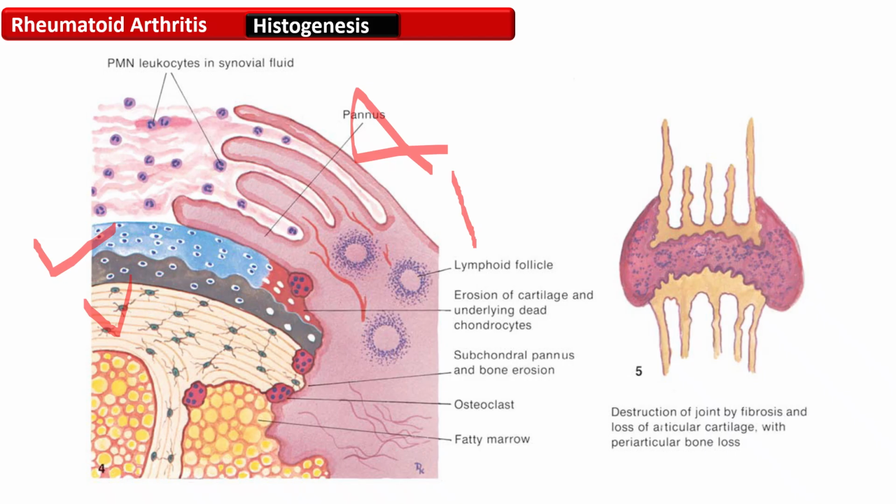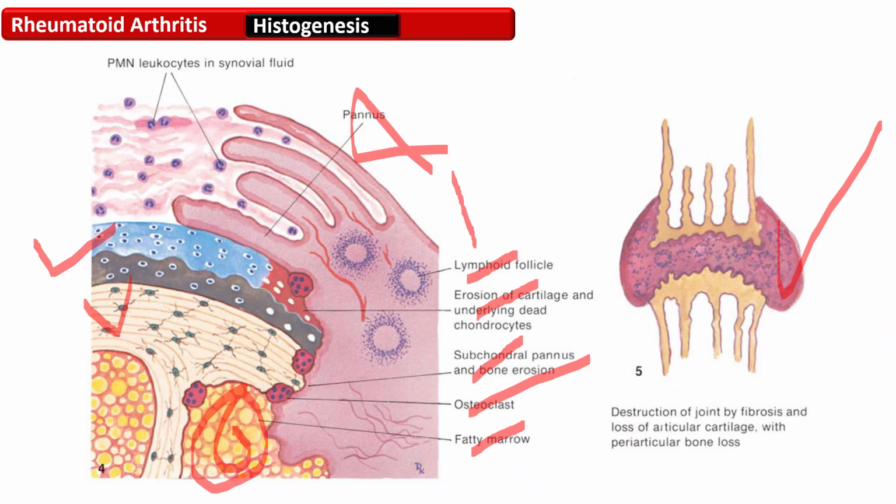If the joint is destroyed, there is fibrous ankylosis first, then it is going to ossify and form bony ankylosis. So the features can be lymphoid follicle formation, erosion of the cartilage with underlying dead chondrocytes, subchondral pannus, and bone erosion, activation of the osteoclasts, and here you can see that fatty marrow is also present. Bone is also eroded.